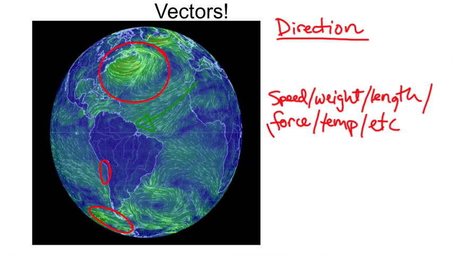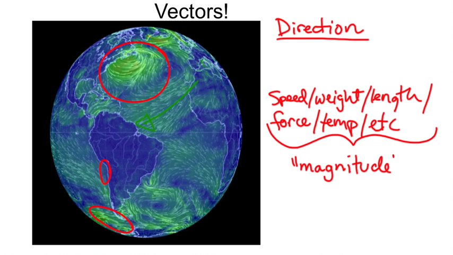And so regardless of the particular unit or context, we call all of these the magnitude of a vector. Basically, magnitude is just a fancy way of saying the length of the vector.